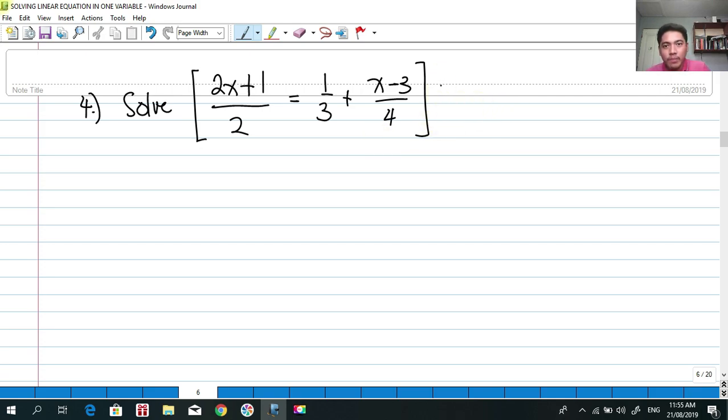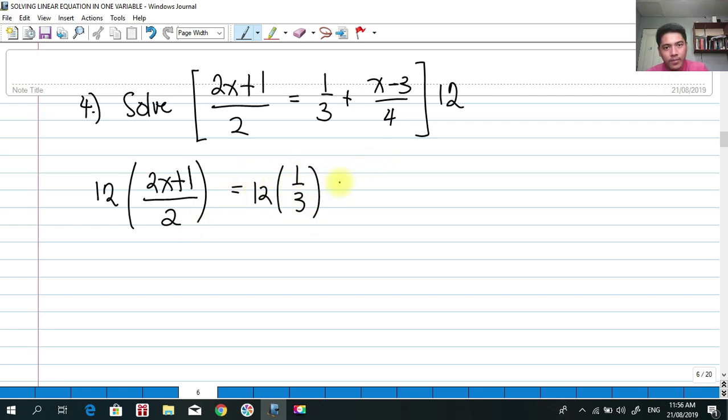So most probably we must multiply this whole equation by the LCD of the equation. So what will happen? We multiply by 12. So we have 12 multiplied by 2x plus 1 over 2 is equal to 12 multiplied by 1/3 plus 12 multiplied by x minus 3 over 4.